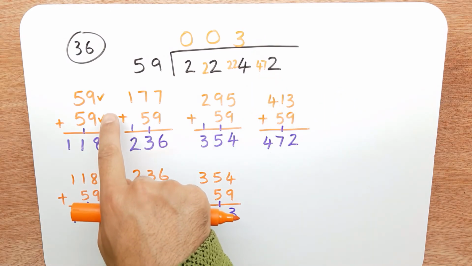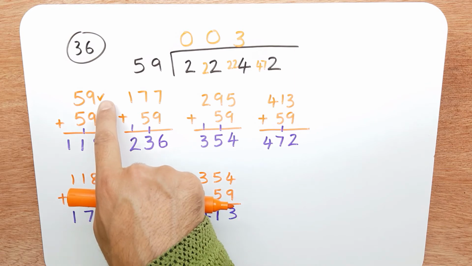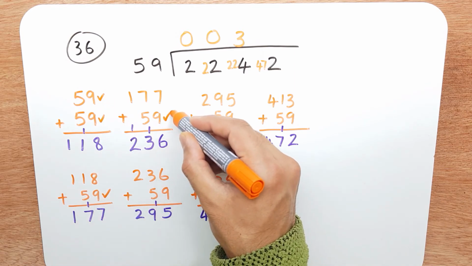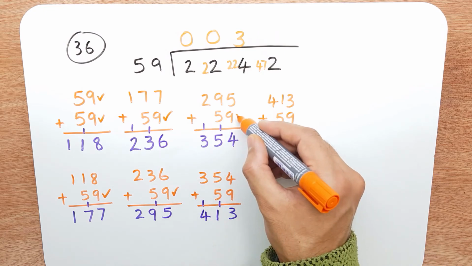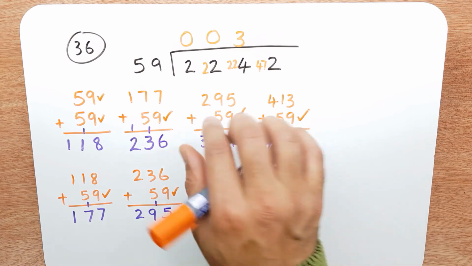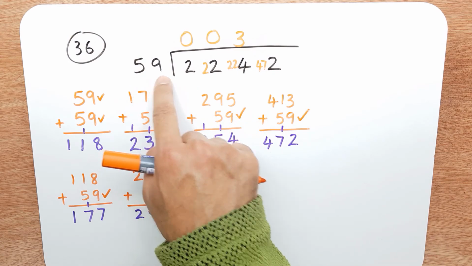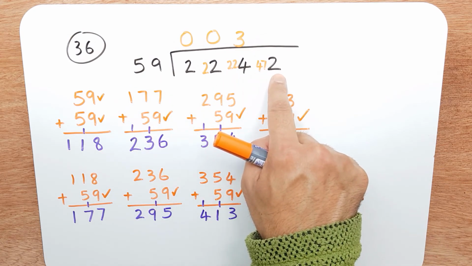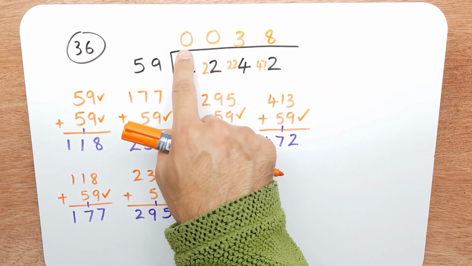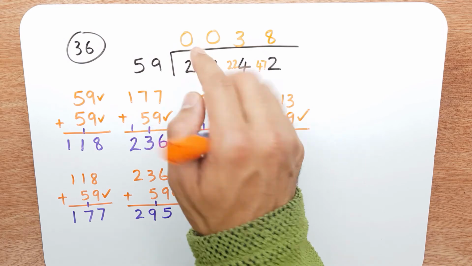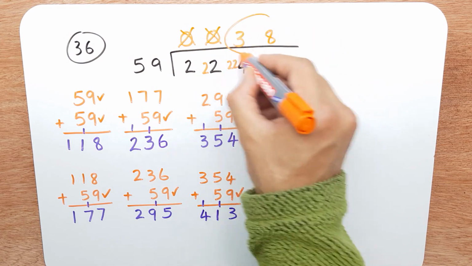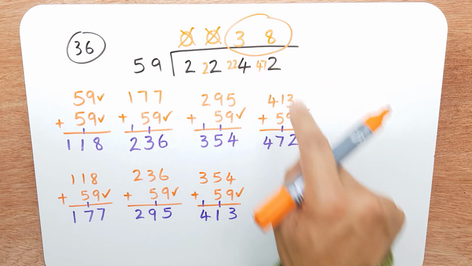Now we simply look at how many 59s we've added. 1, 2, 3, 4, 5, 6, 7, 8. So how many 59s are there in 472? 8. And remember what we said about the leading zeros. We can cross these out. And our answer is 38.